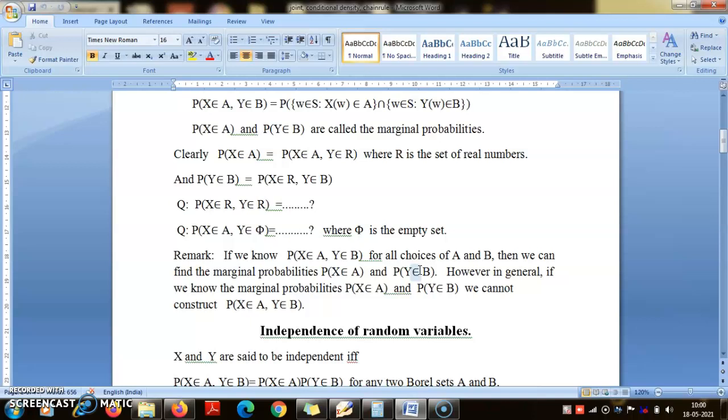But suppose I tell you that x follows a binomial distribution and y also follows a binomial distribution. What is the joint distribution of x and y? That we don't know. The only exception is the normal distribution: when x and y are normal, then the vector (x, y) follows something called the bivariate normal distribution. That is something we will come to.